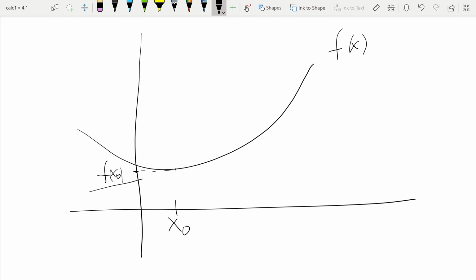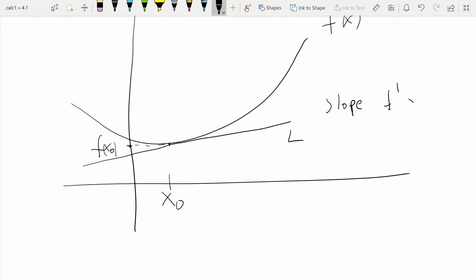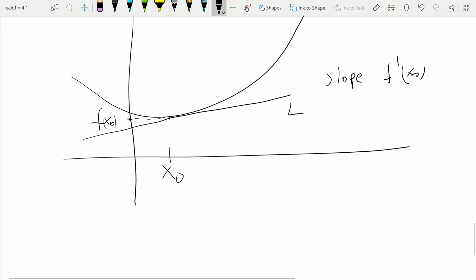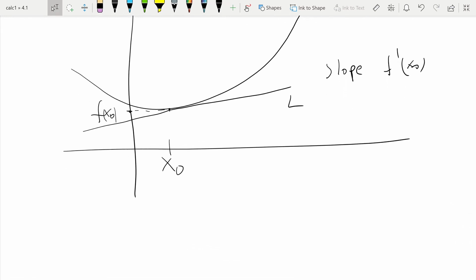And let's look at this line here. This is L, and it has slope f prime at x0. Now this is the slope of the tangent line, and it passes through f of x0.